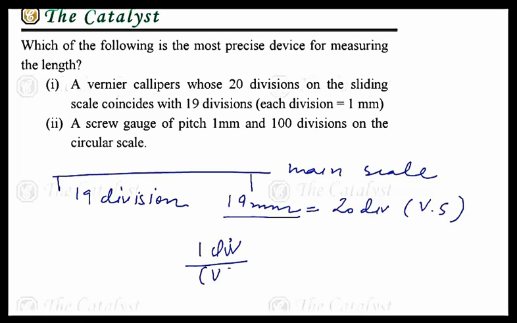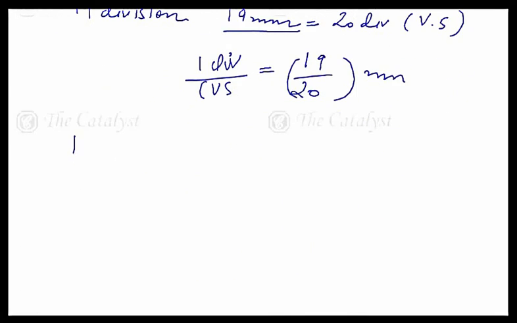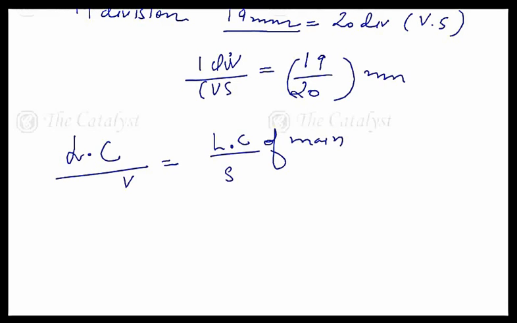one division of vernier scale will be equal to 19 by 20 of mm, and the least count of vernier caliper is given by least count of main scale, right, and least count of vernier scale, right.